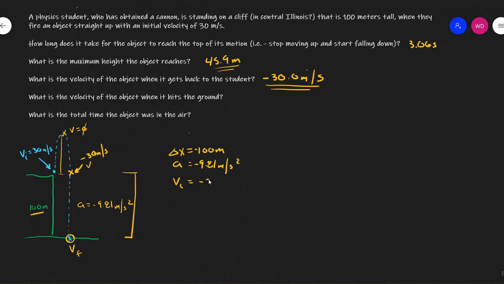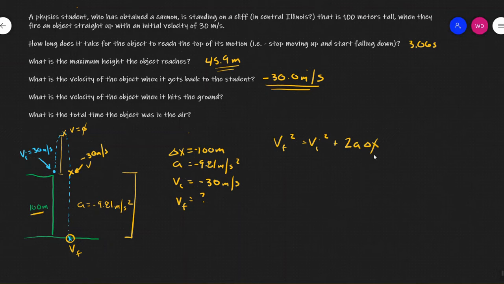So we'll call that minus 30 meters per second. And then V final is what we're looking for. So really the only thing we don't have is time, so I need an equation that does not have time in it. I can use V final squared is equal to V initial squared plus 2a delta x.